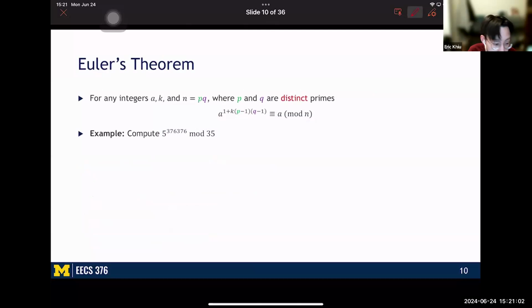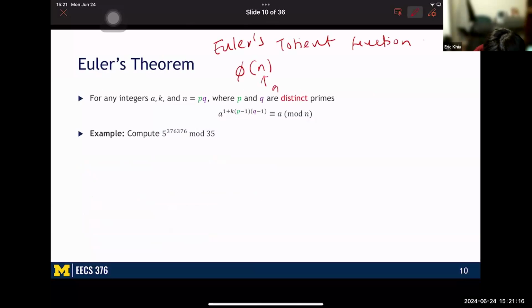Euler's theorem depends on this thing called Euler's totient function. Let's call it phi of n, where n is any integer. It is slightly more complicated: p minus 1 times q minus 1, where p and q are distinct prime numbers.